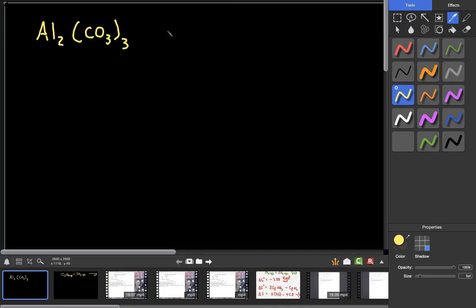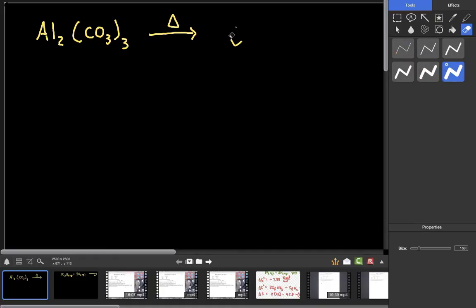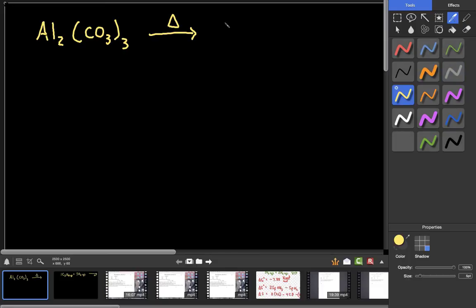So I think we need to take this one step at a time. If we heat this, we will get 3 moles of CO2 gas, and then we're going to have aluminum oxide.